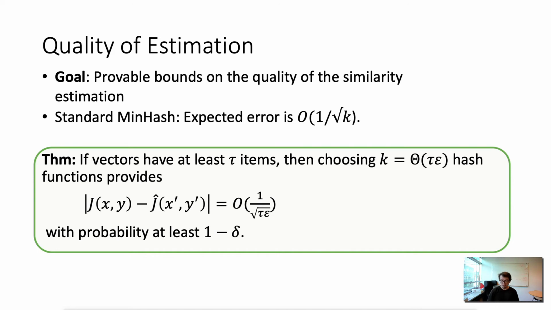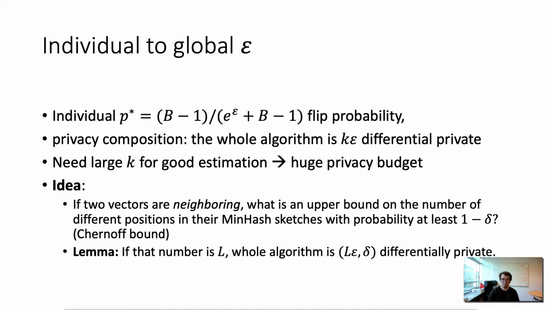Right. There's one last trick in the paper that I just want to show you. So for now, what I told you is you have this individual flip probability. You can easily state what it is. And usually you do this step by step on your sketch. So they make these coin flips and you change your answer based on the outcome of these coin flips.